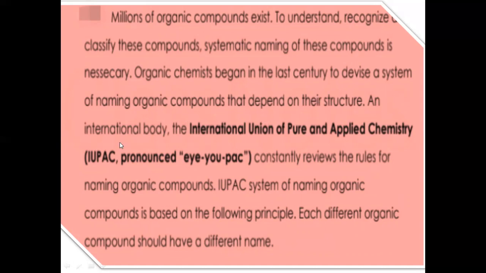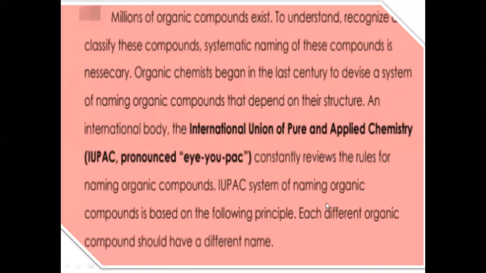An international body, the International Union of Pure and Applied Chemistry, abbreviated as IUPAC, constantly reviews the rules for naming organic compounds, and this system is accepted all over the world, and IUPAC names are used all over the world.